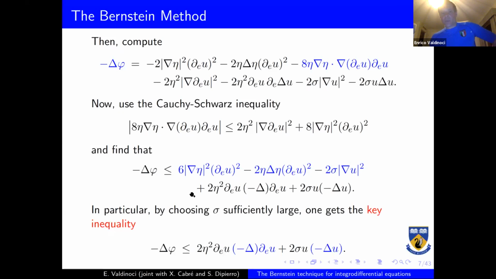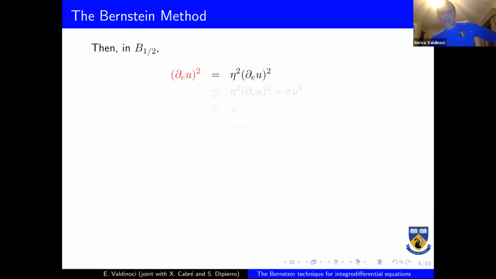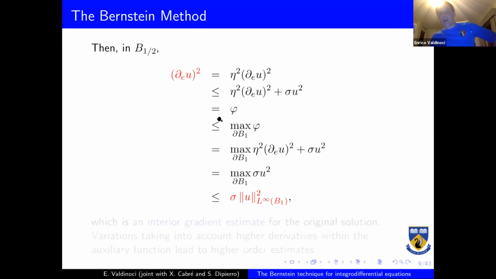So from this, we obtain that the auxiliary function is actually subharmonic, and so we can use the maximum principle, bound its maximum, but bounding the maximum of the auxiliary function turns out by simple computations to be a bound on the interior, so in the B1 half, of the gradient of the original solution.